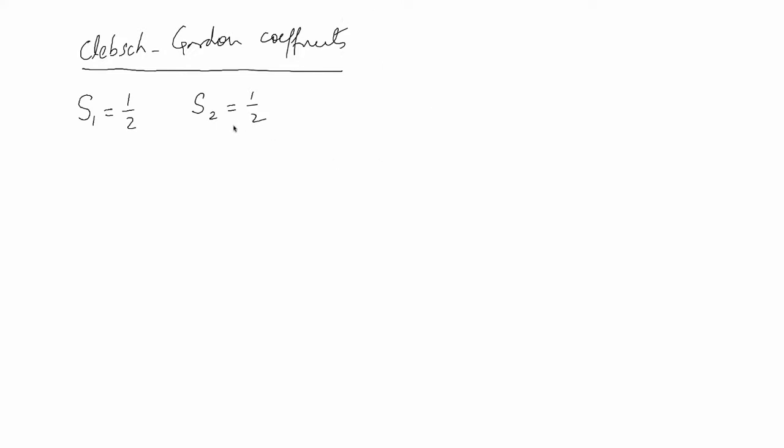Then one may talk about the projection of a spin, and this projection can be plus half or minus half. Similarly, the projection of the other spin can be plus half or minus half.